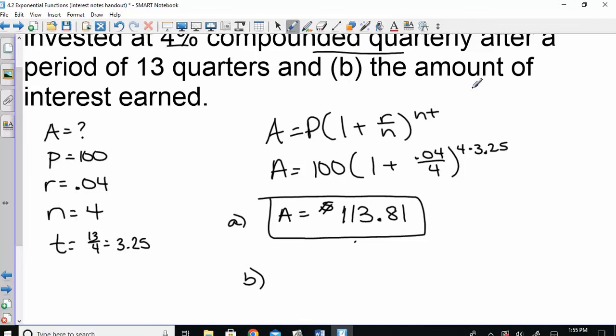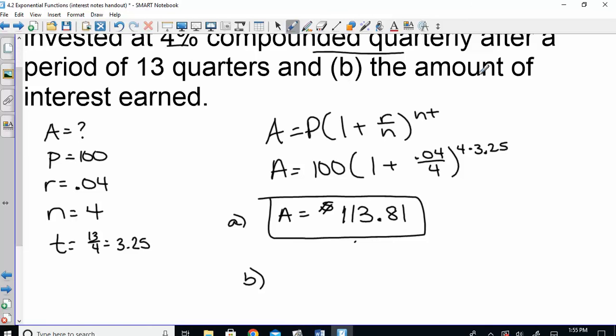Part B, I said, give me the amount of interest earned. How do I find the interest that I earned? Subtract.